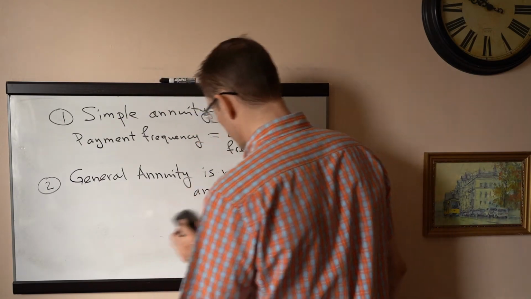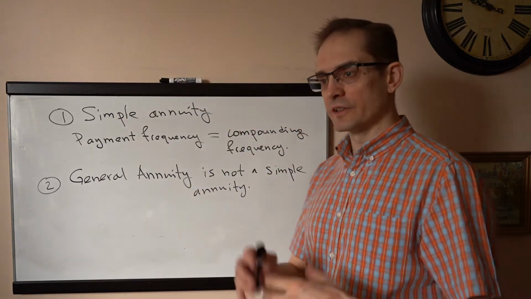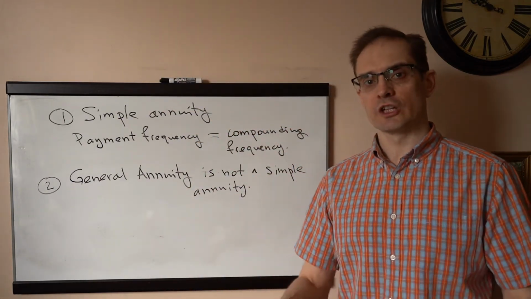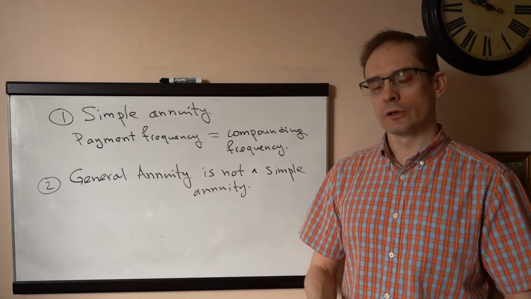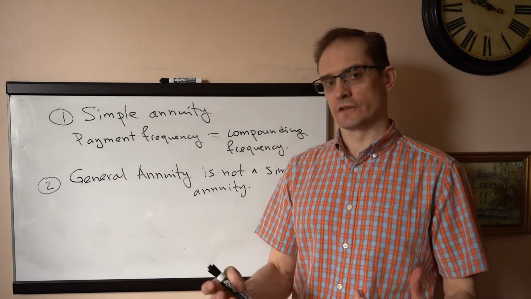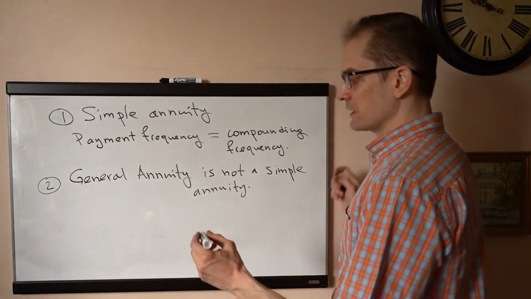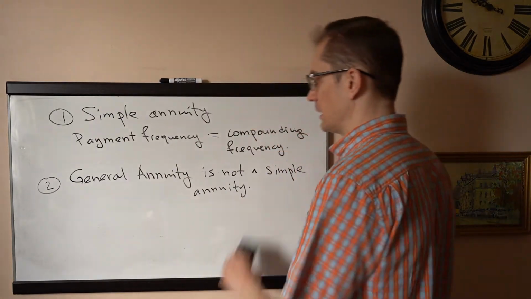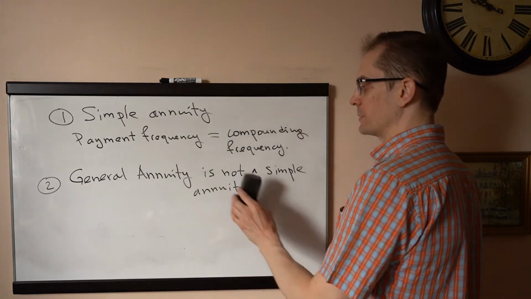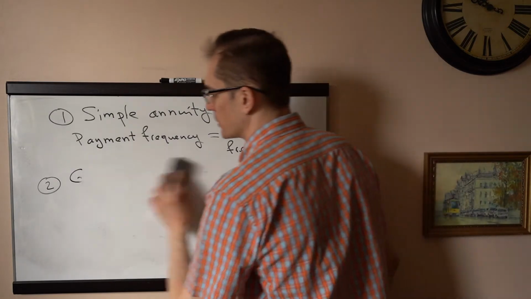It follows from here that you cannot have a simultaneously simple and general annuity. That cannot happen because these are mutually exclusive definitions. So after we speak about these two types, we'll speak about the other two types.